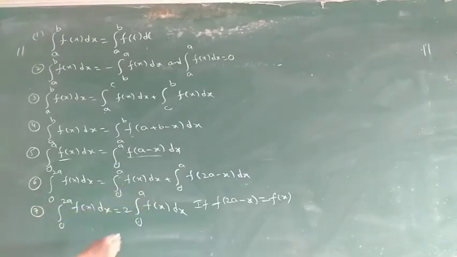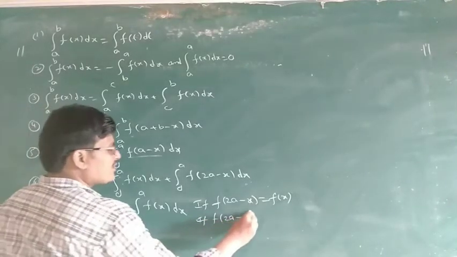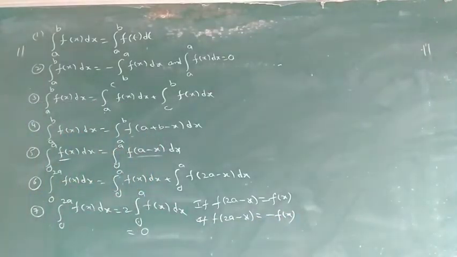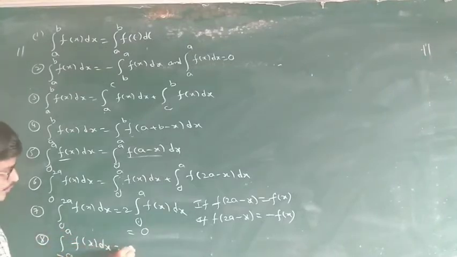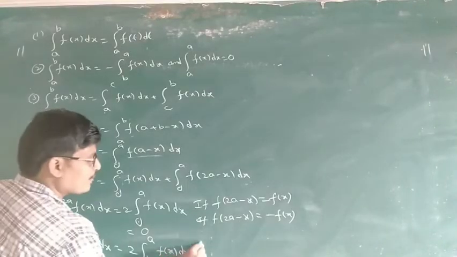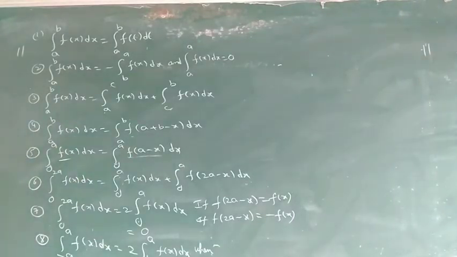And it is 0 if f of 2a minus x is equal to minus f of x. So integral minus a to a f of x dx is equal to 2 into integral 0 to a f of x dx when f is an even function.